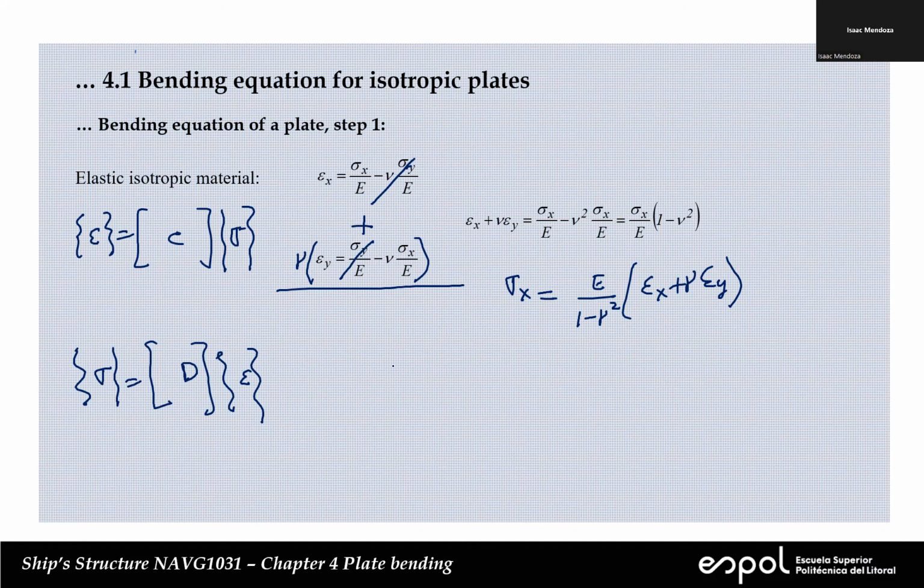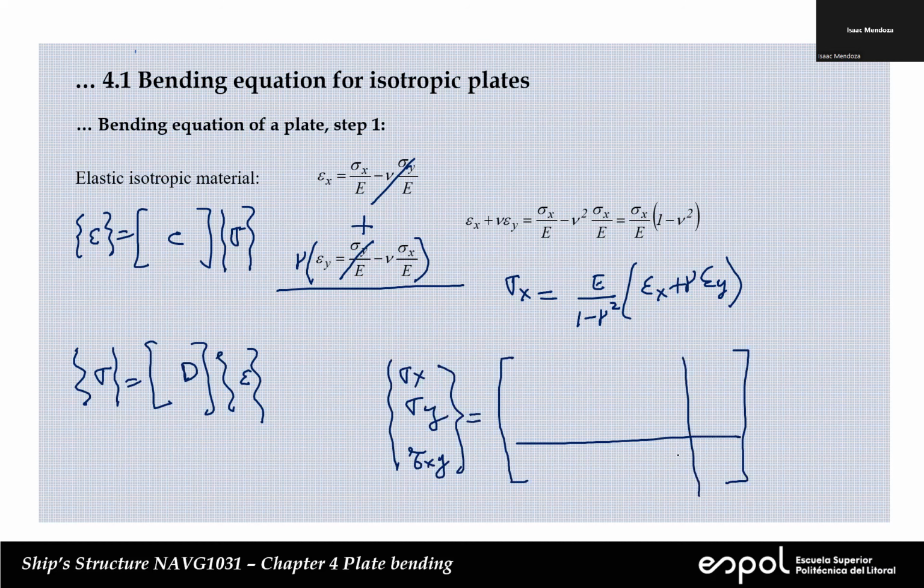At the end we're going to have something like this: sigma x, sigma y, and tau xy equal to a matrix times epsilon x, epsilon y, and gamma xy. Here I have E over 1 minus nu squared, and here I have E nu over 1 minus nu squared.